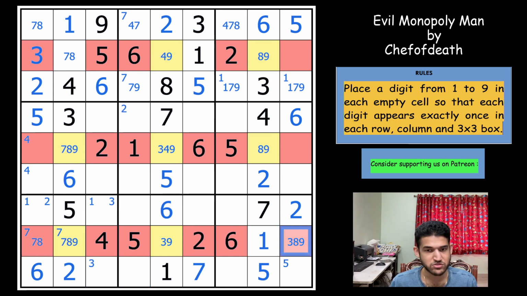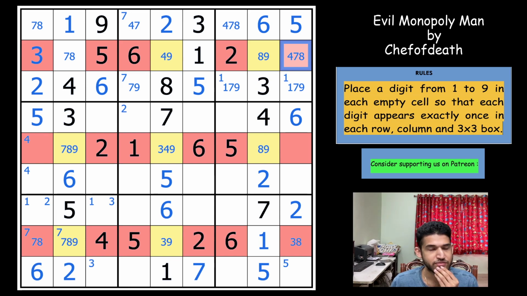So we have a beautiful swordfish here, and this already seems to be a glorious Sudoku by Chefofdeath. And I wonder why this is called the evil Monopoly man. And you can't have a 9 here too, so that is 4, 7, 8.